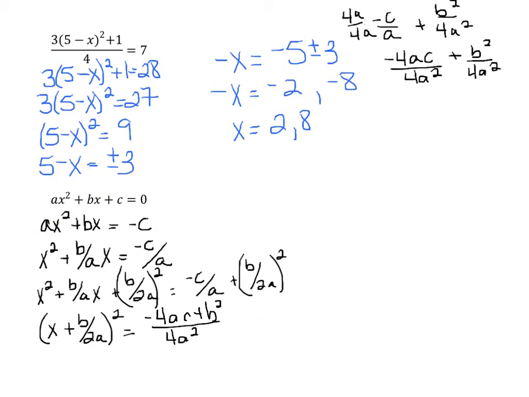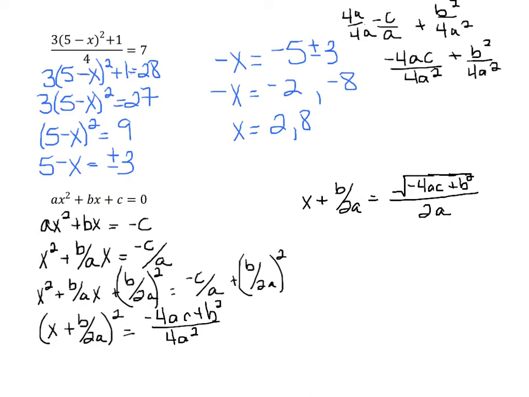Then we take the square root of both sides. When we do, we're left with x plus b over 2a is equal to the square root of negative 4ac plus b squared. And when I take the square root of this denominator, I end up with 2a.